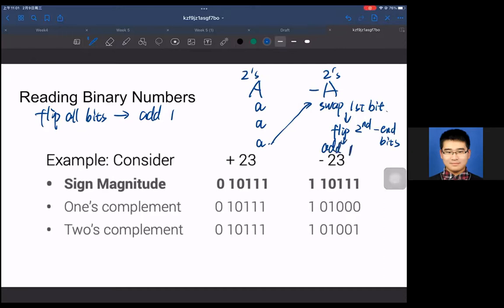We add one. So if you combine these two operations, what you're going to get is just flipping all the bits. That's right. Okay, so similarly, if you go back, you go from here.